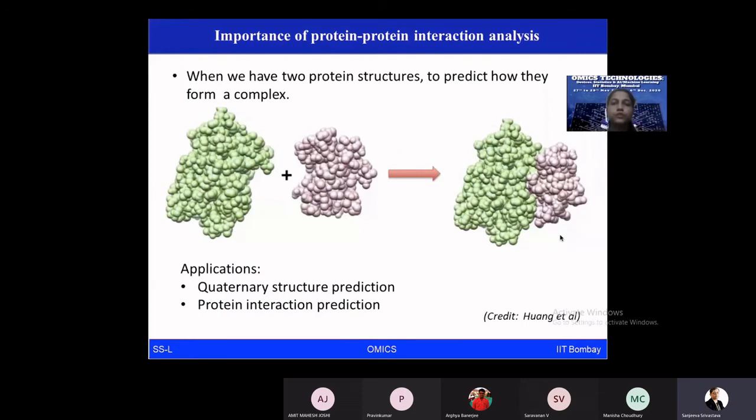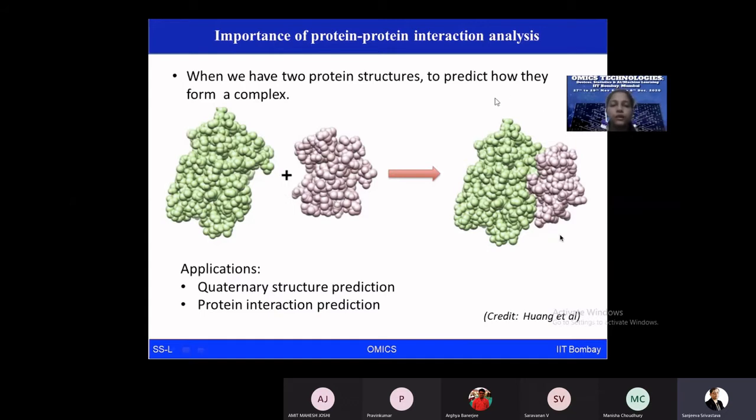The importance of protein-protein interaction studies is huge. The main reason we carry out these studies is to predict how two proteins would interact with each other.